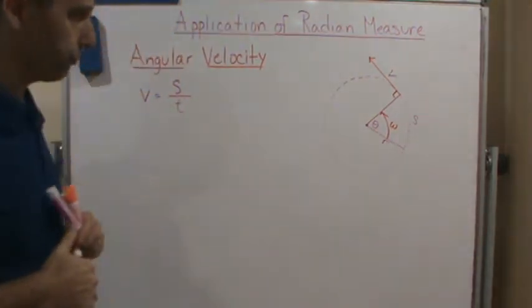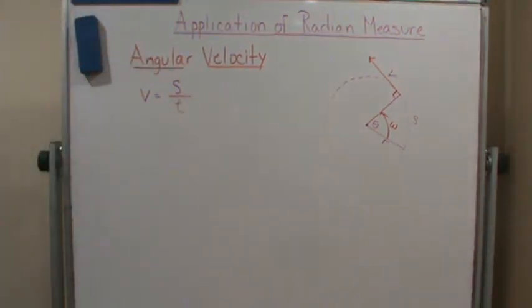We use the lowercase omega to represent angular velocity. So v is known as linear velocity, straight line, and omega is used for angular velocity, which is the object moving around a circle of radius r.